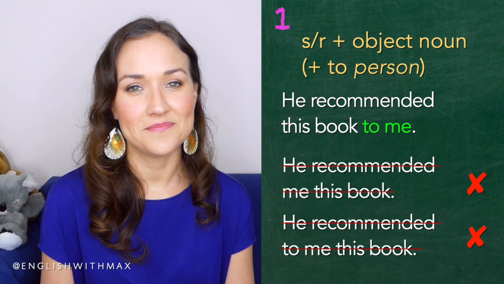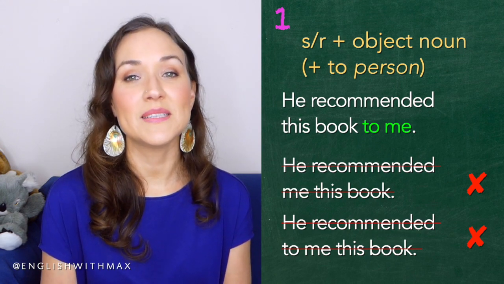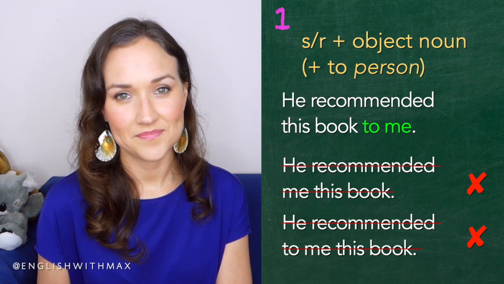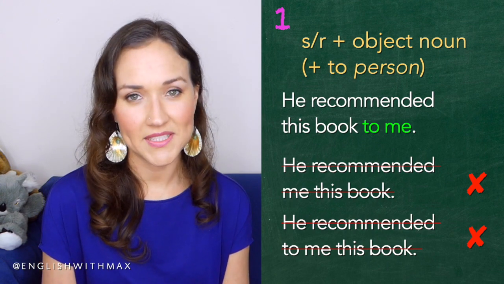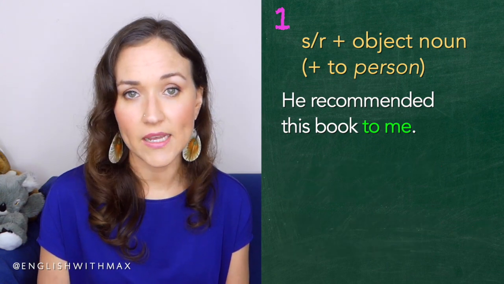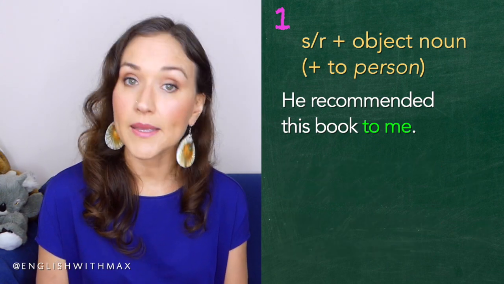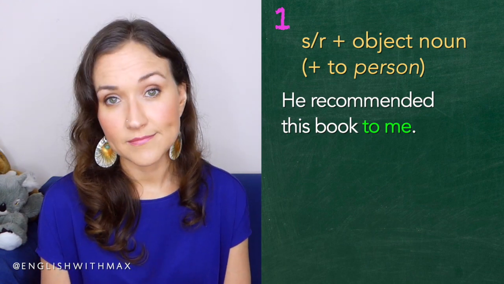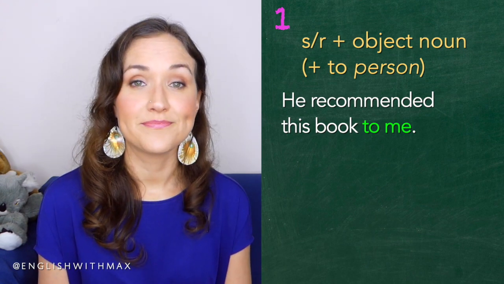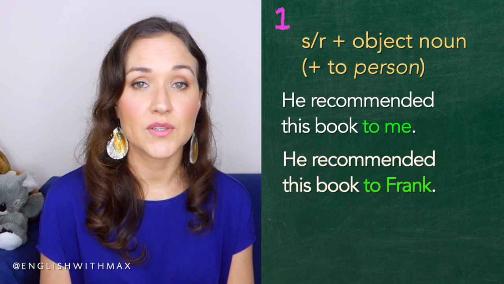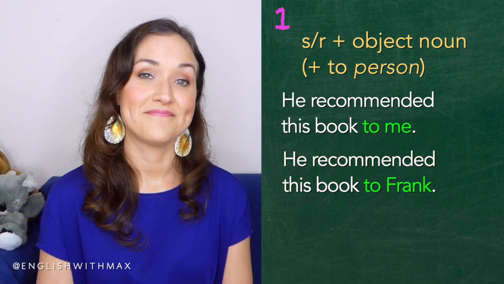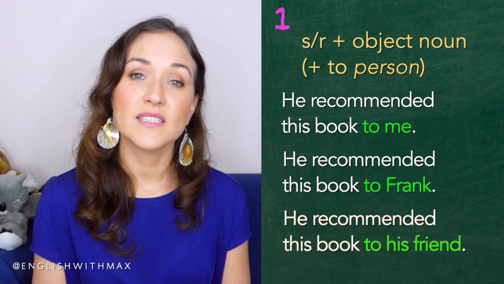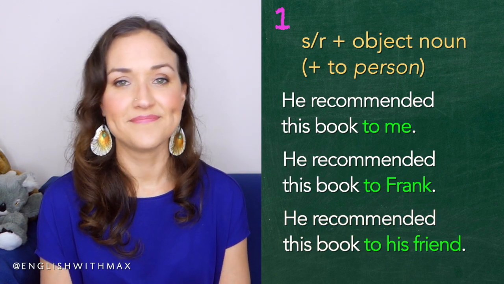You need to say, he recommended this book to me. He recommended this book to me. It doesn't have to be a pronoun like me or him. It could be a noun. For example, he recommended this book to Frank. He recommended this book to his friend.